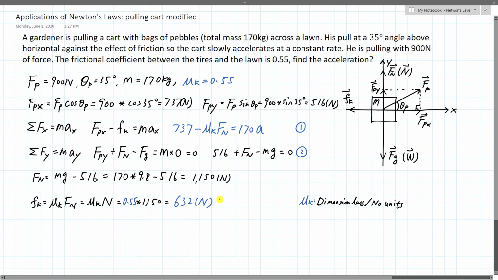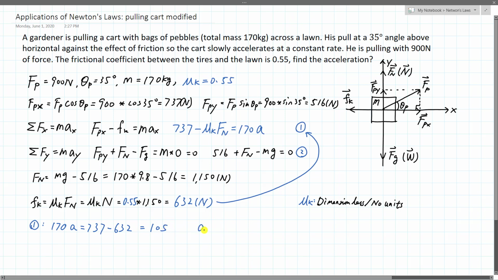Now I can plug this into equation 1, but I definitely don't want to go to this line of equation 1. I want to bring this down. So equation 1 is 170a equals 737 minus 632. So the difference is over 100, 107 minus 2 is a 5. So that's how many newtons.